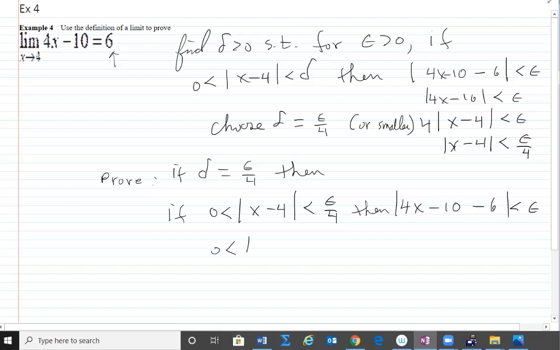Start with this. I'm going to drop off that 0. Whoops, I lost my then there. So I'm going to start with this, x minus 4 less than epsilon over 4.